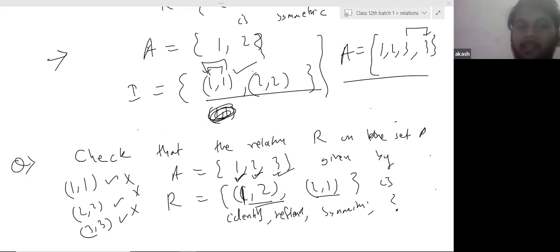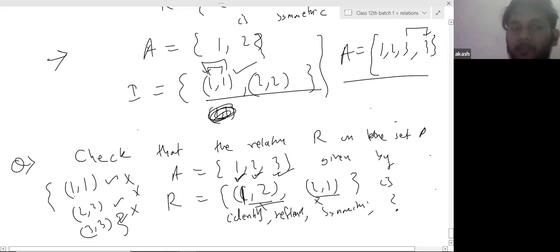See, identity and reflexive are almost similar. In identity, you cannot have these other elements at all. You can only have this, a set of (1,1), (2,2), (3,3) is identity. But if you write other elements (1,2) and (2,3) and so on, this is not identity.